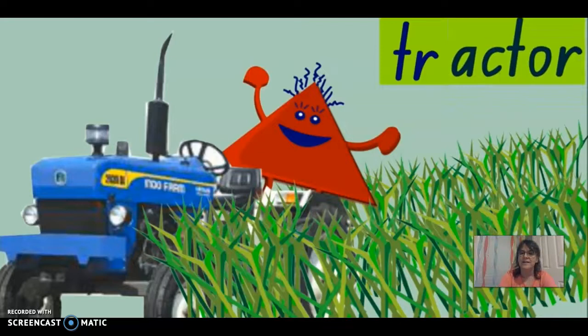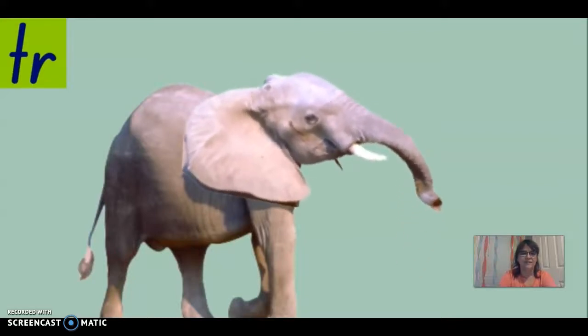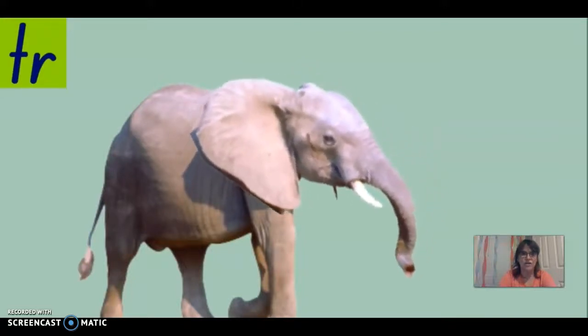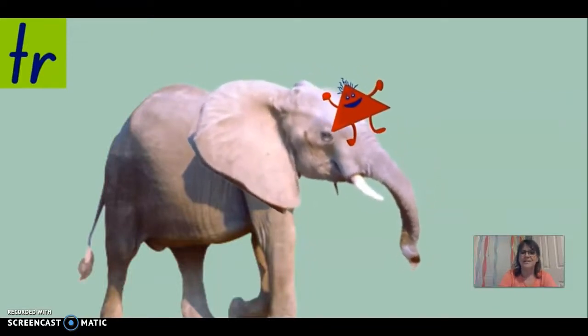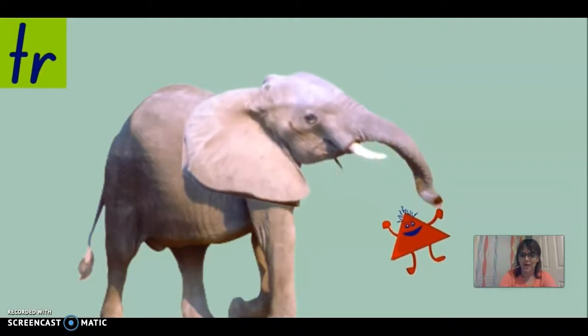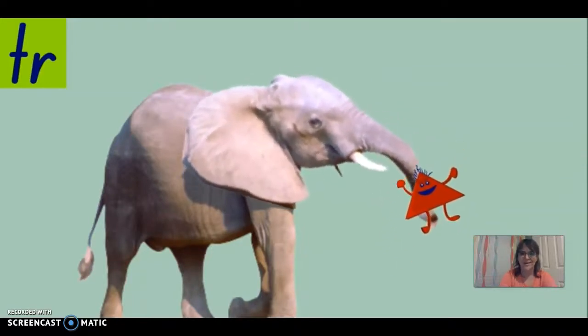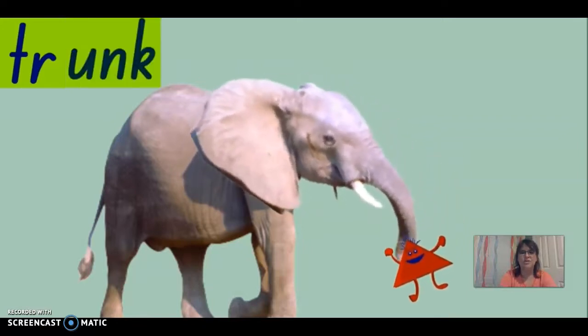The triangle is on the tractor. Ooh, this is an elephant. What does the elephant have that starts with a TR? That's right, he has a trunk. And let's see, what is the triangle doing? He is sliding down the elephant's trunk. Trunk. Can you say that? Trunk. Very good. He's having fun, huh?